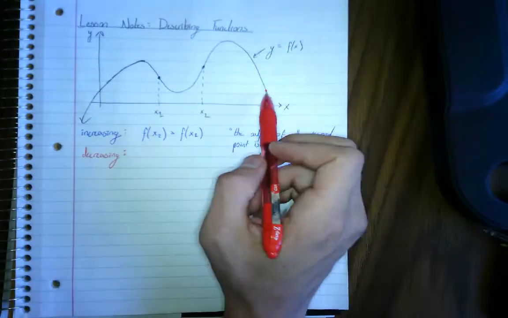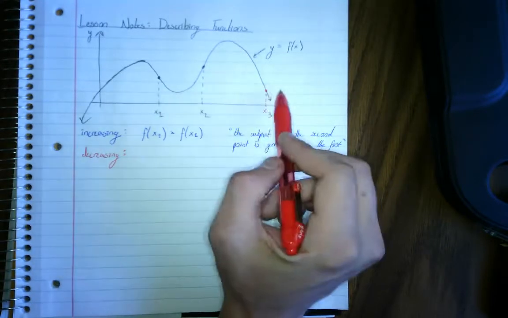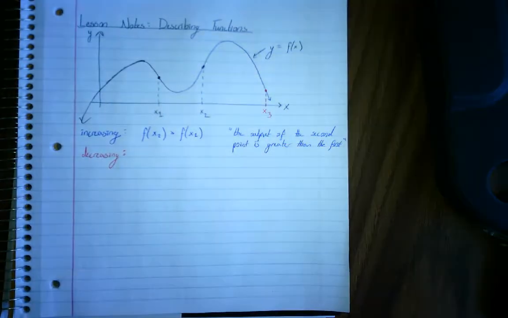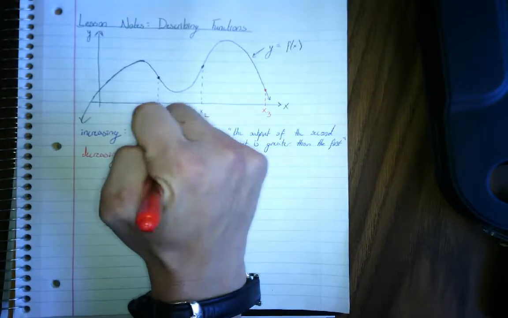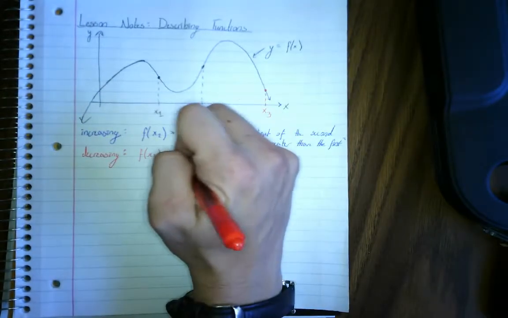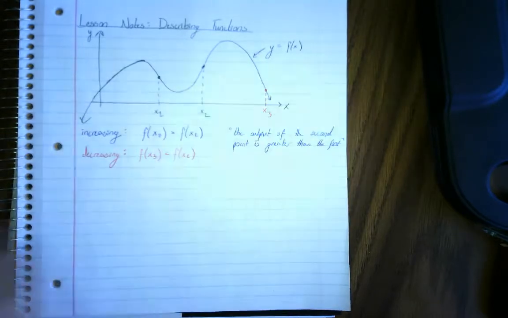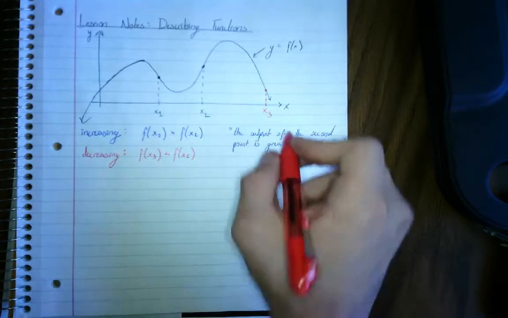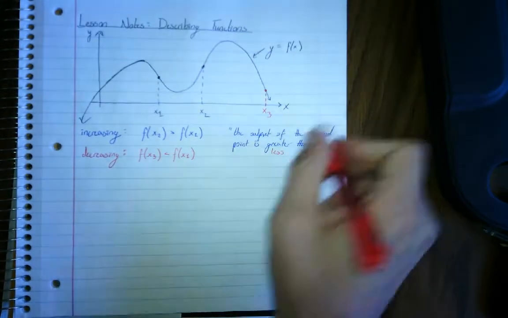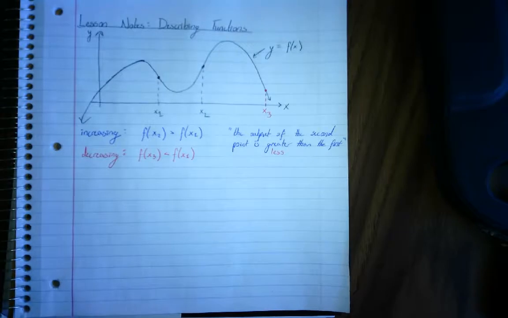So we can say that this function is decreasing between this interval. So f of x3 is actually less than f of x1. So again, the output of the second point is now less than the first. So those are two that we're pretty familiar with.